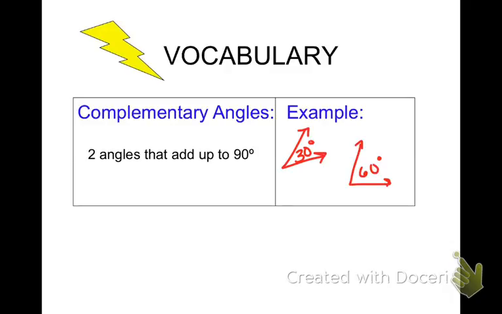What would be a complementary angle to 20? 70. What would be the complementary angle to 10? 80. What would be the complementary angle to 50? 40. Good. Okay. So complementary angles need to add up to 90 degrees.